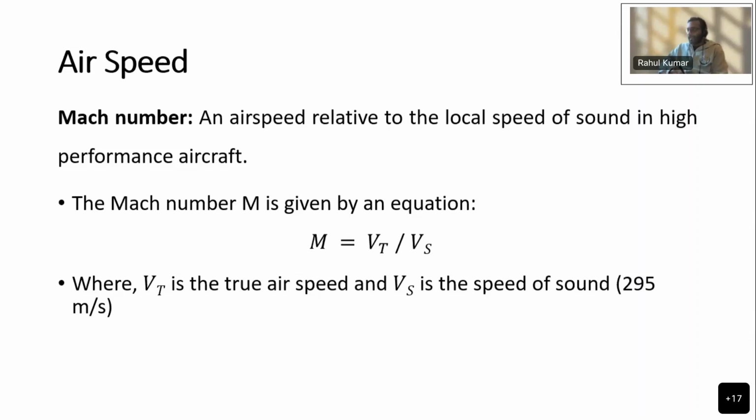Your Mach number is denoted by capital letter M, and it is given by this equation. Vt is the true airspeed and Vs is the speed of sound. And in general, the speed of sound we have calculated is around 295 meters per second.